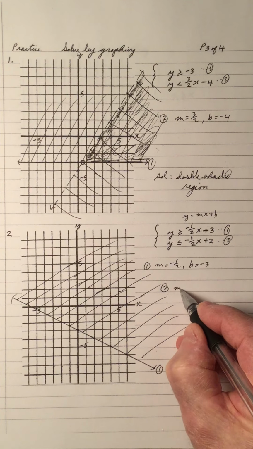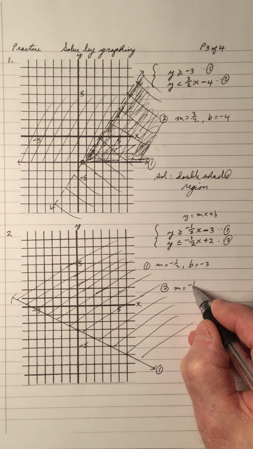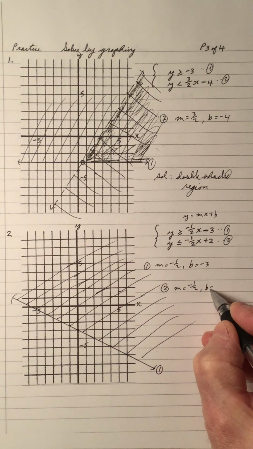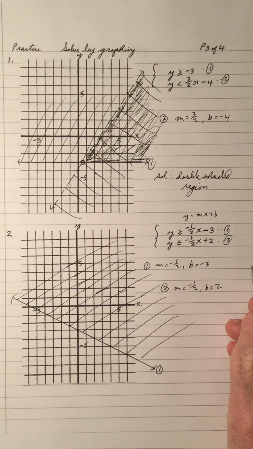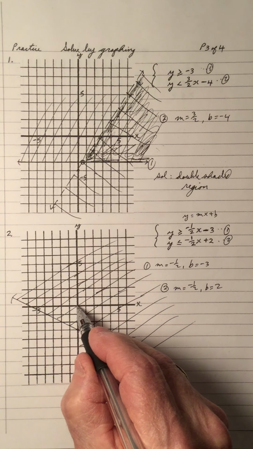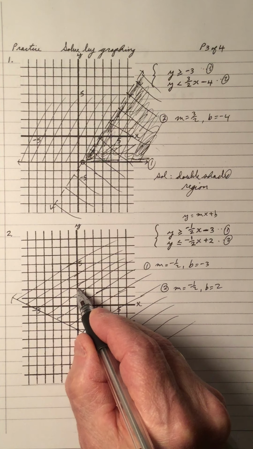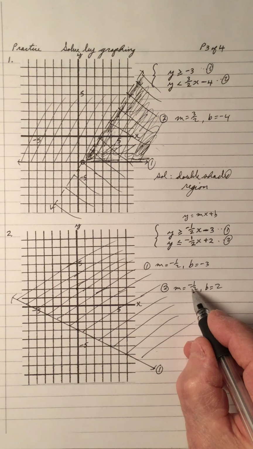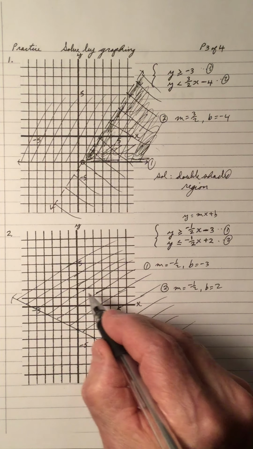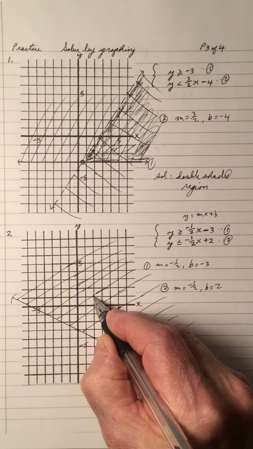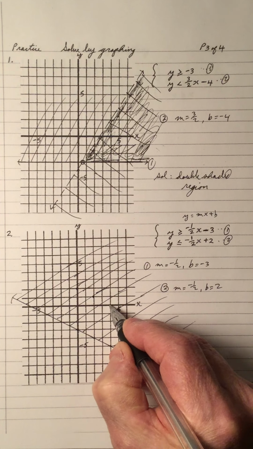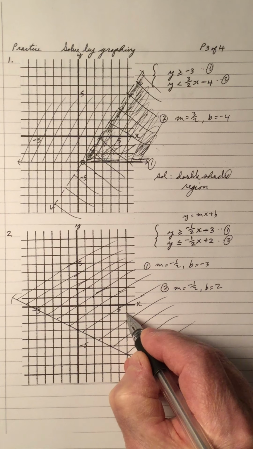Now, number 2. Number 2 has a slope of -1/2 and a y-intercept of +2. So the y-intercept is 2. And the slope is, again, the same, down 1, right 2, down 1, right 2.